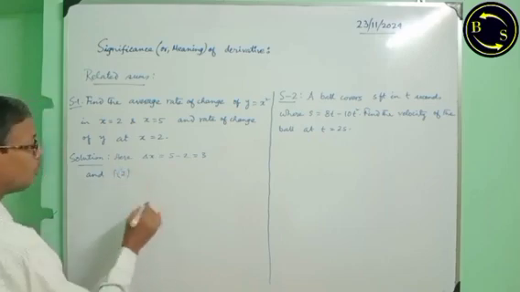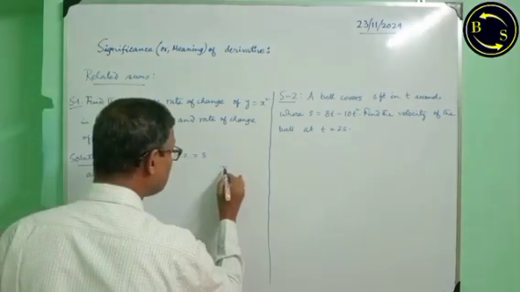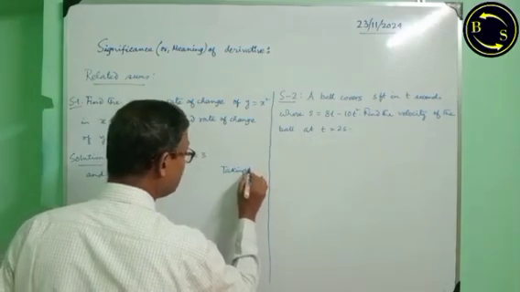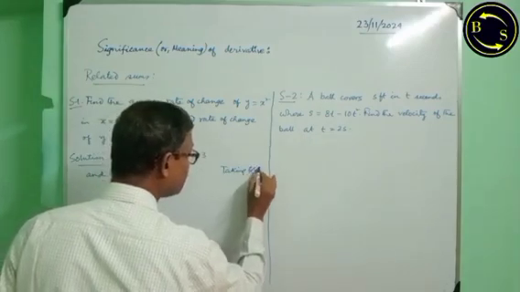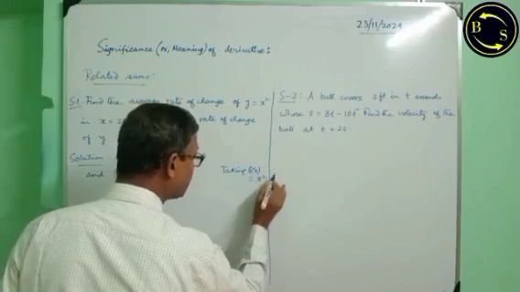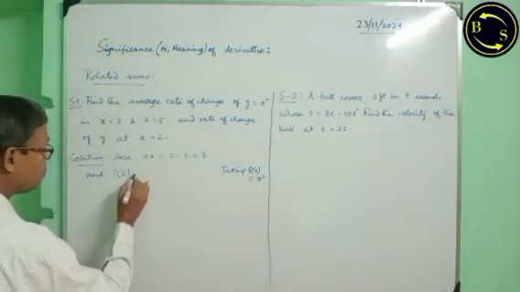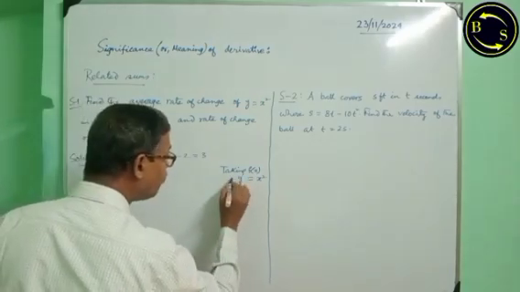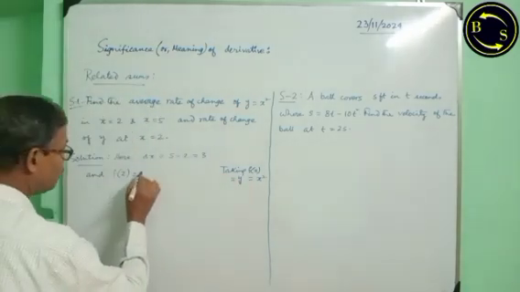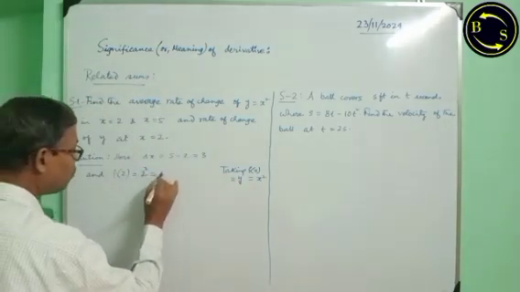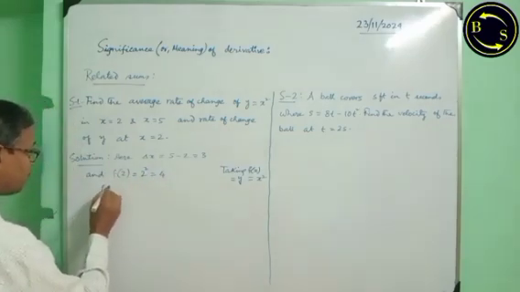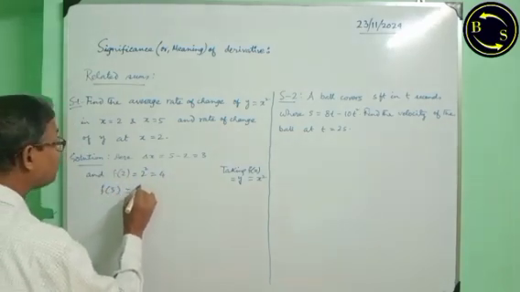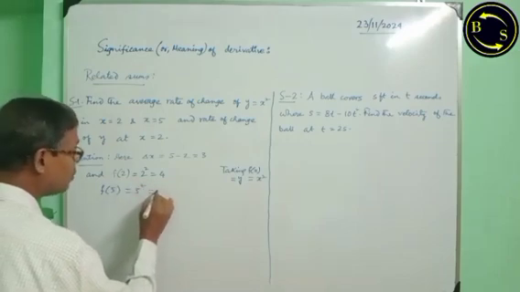Taking f(x) equal to x square, f(2) equal to 2 square, 4, f(5) equal to 5 square, 25.